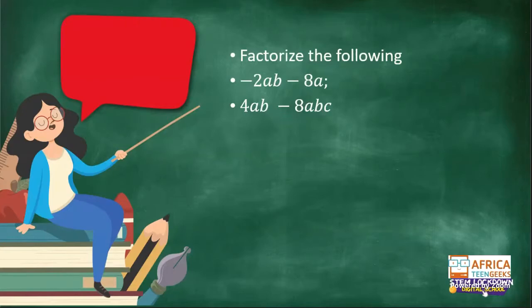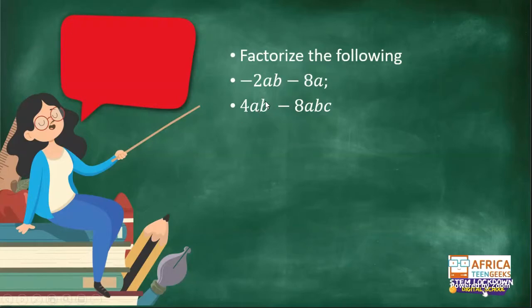And in the second one, 4ab minus 8abc. I'm not sure if it's correct, but I got 4ab in brackets 2c. All right, in this case, you can see that 4 is a common factor. a is also a common factor. b is a common factor.